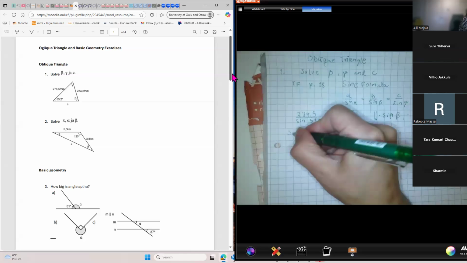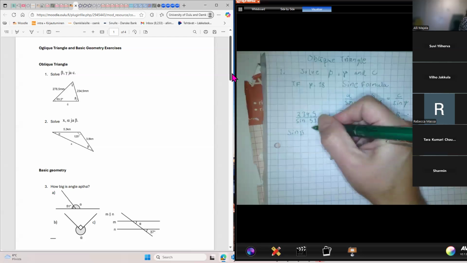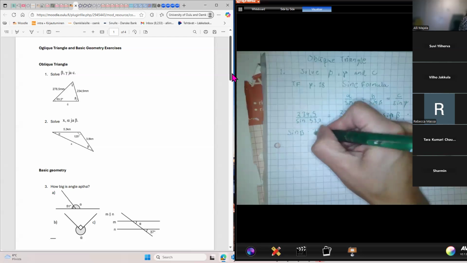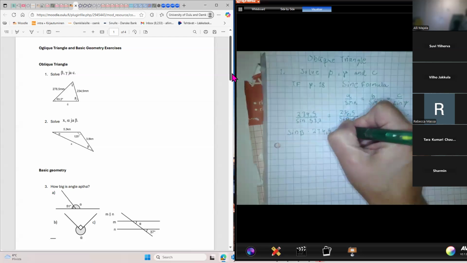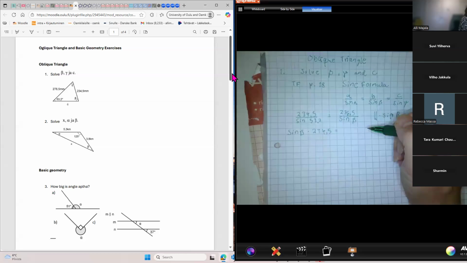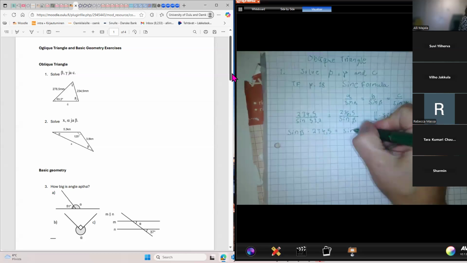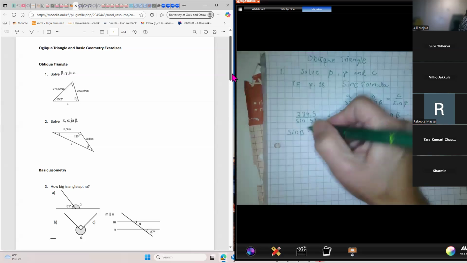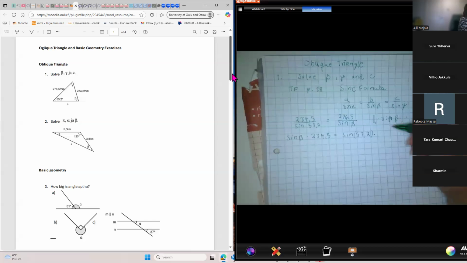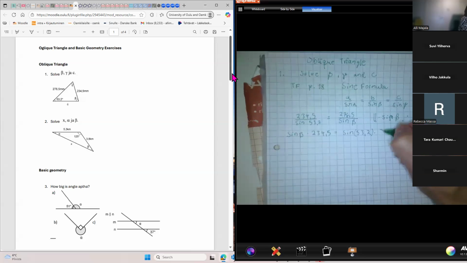So I get sine beta multiplied with this number, and sine 53.2 multiplied with this. Now I could put that into the brackets so that I know that's only the one with the sine. Like this.